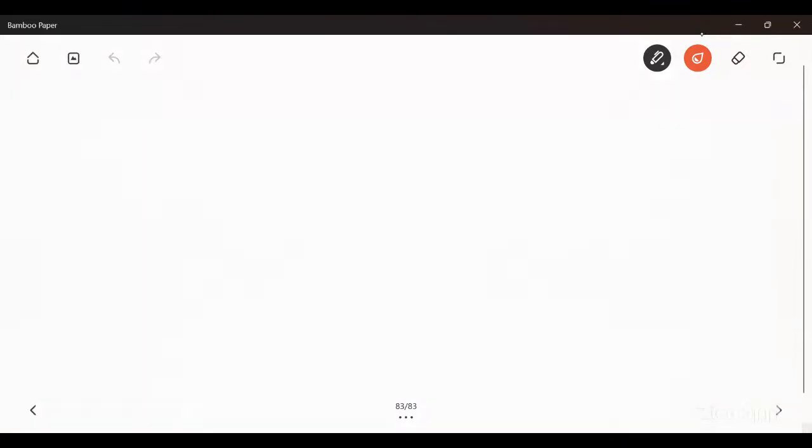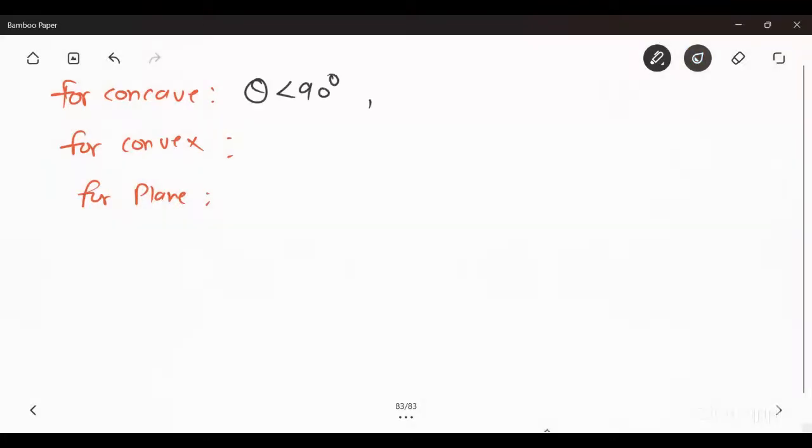So for concave, convex, and plane, we have three cases. We know that for concave, theta is less than 90 degree, that means theta is acute. For convex, theta is greater than 90 degree, that means theta is obtuse.